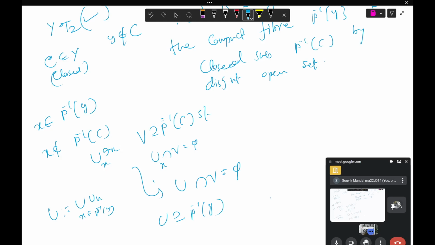So we get an open set U containing P inverse y and an open set V containing P inverse C, and their intersection is empty.